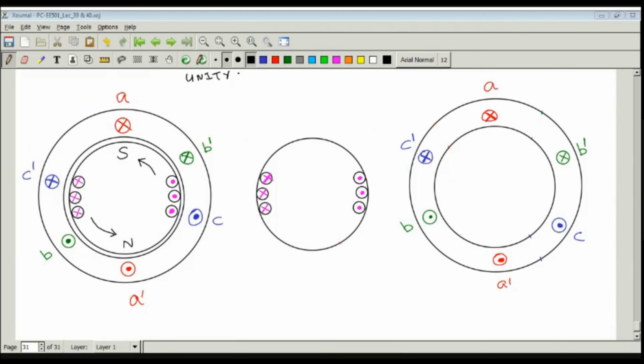Unity power factor load is considered for synchronous generator.